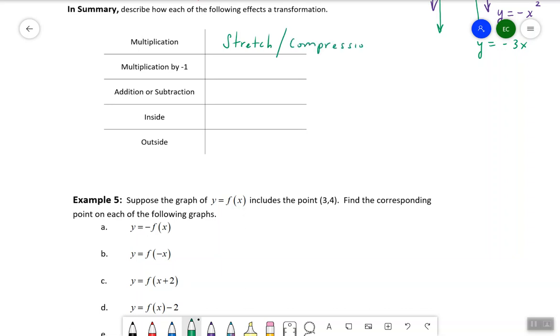And then multiplication by -1 is a reflection. Addition or subtraction is a shift, or we call it a translation. And then each of those can be done inside or outside the basic function. So inside will produce a horizontal change, and outside will produce a vertical change. So that's an important summary of what we've been practicing.